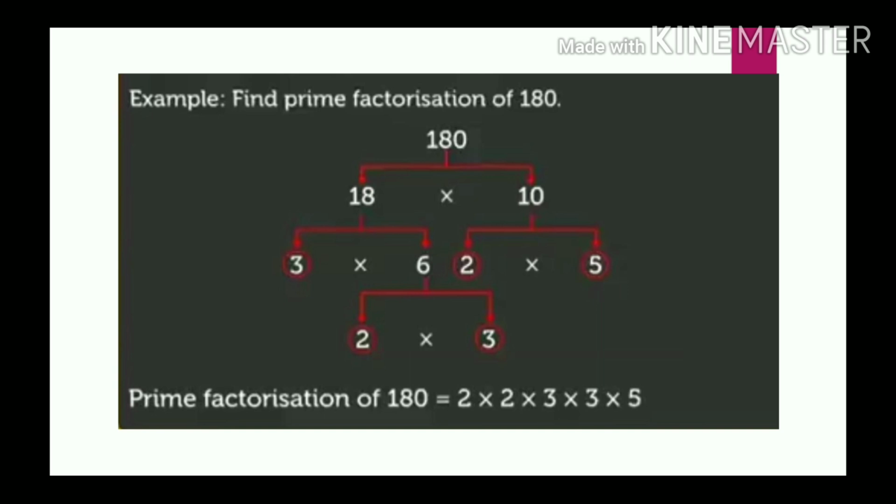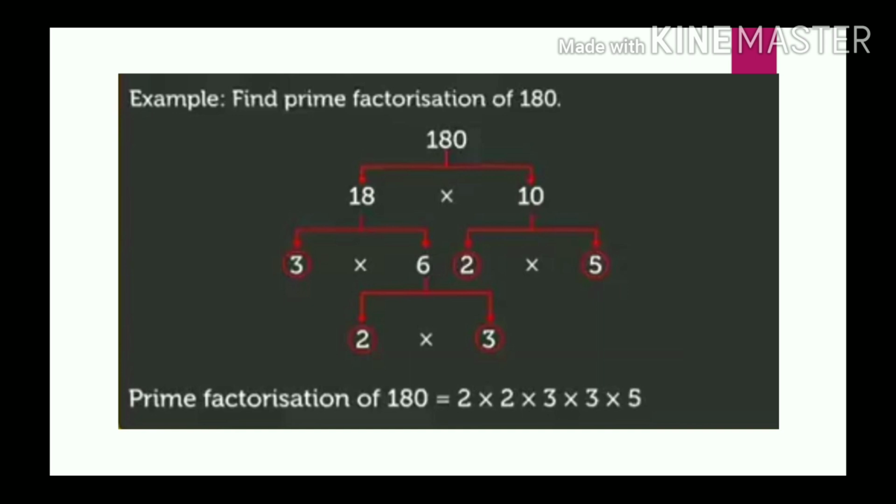Now see, here we get 3, 2, 5 as prime numbers, but 6 is again a composite number, so we have to solve this further. So we get 2 multiplied by 3, which are prime numbers. Now we get all prime numbers at the end, so our factorization is over.